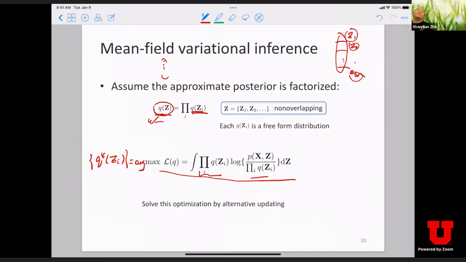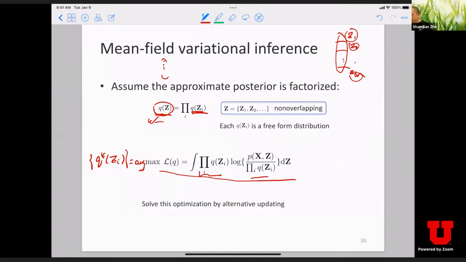That's our goal, and there's no analytical solution for this. You cannot directly write down some form that gives you the optimal Q of Zi. So we're going to use an alternating updating scheme.